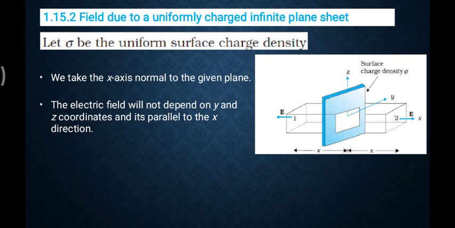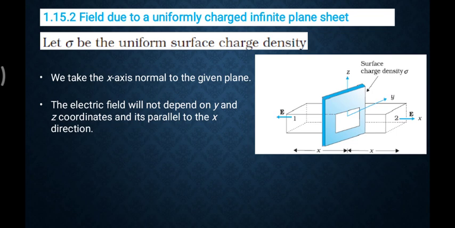The surface element delta s vector, if you want to draw it, is always normal to the surface, so it will point this side or this side. So it is parallel to E. Only the x directional calculations survive, because the y and z coordinates do not make angle 0.